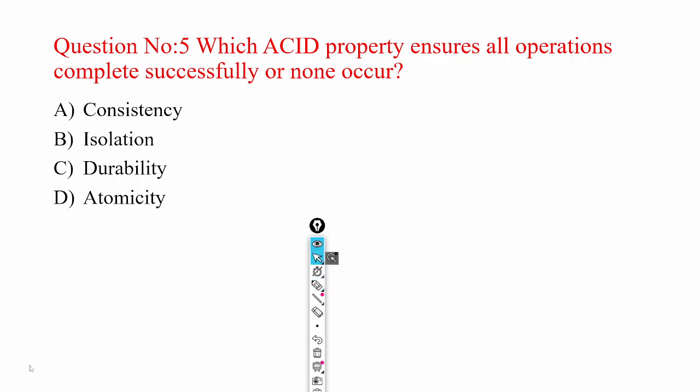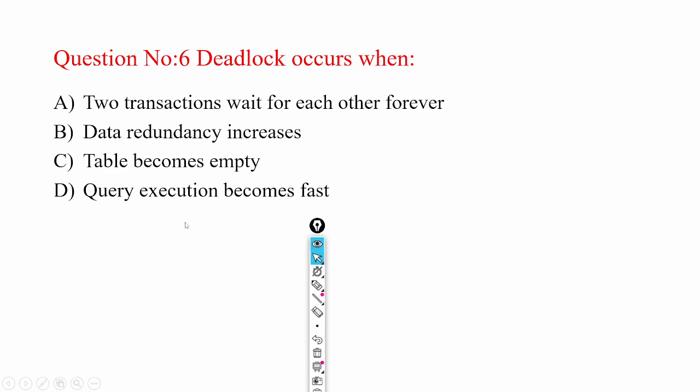Moving to question number 6. Deadlock occurs when? Deadlock is one of the most important concurrency problems in a DBMS. Deadlock occurs when two or more transactions wait permanently for resources held by each other. Suppose there are two transactions, T1 and T2.